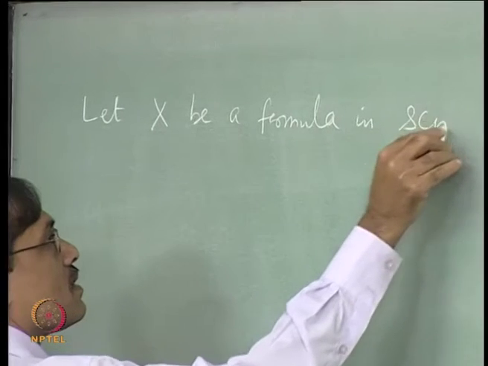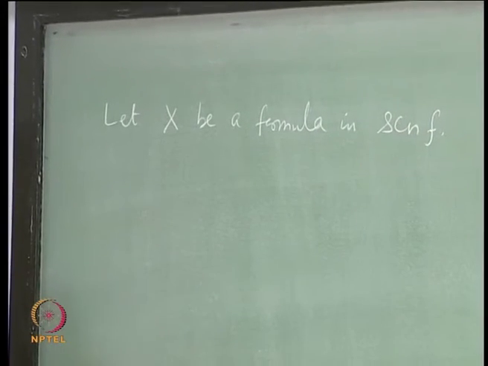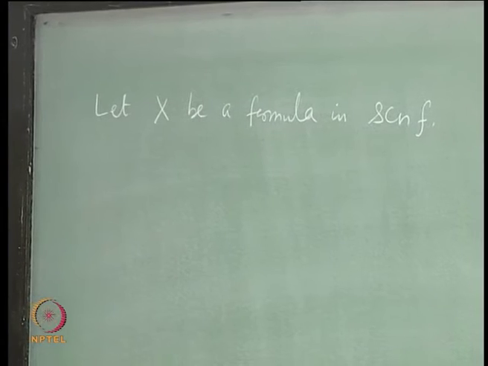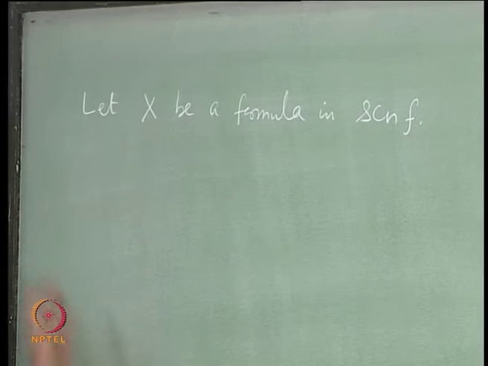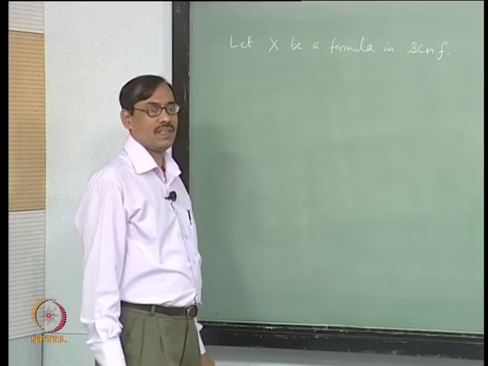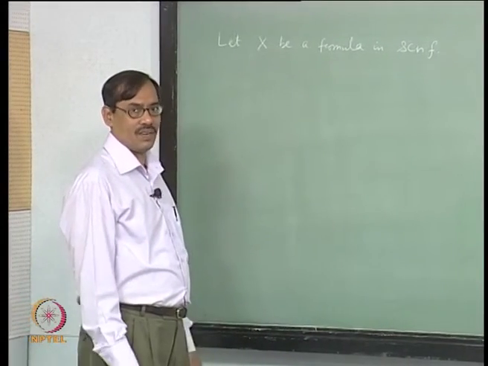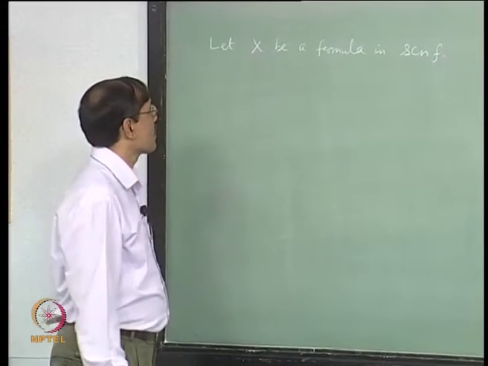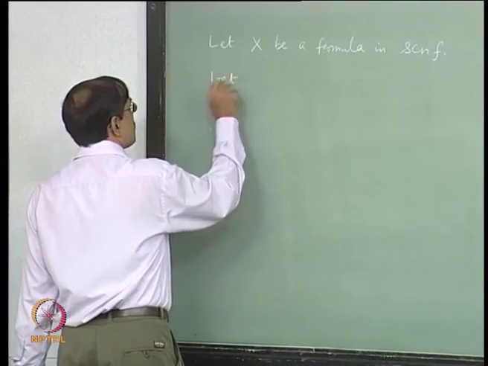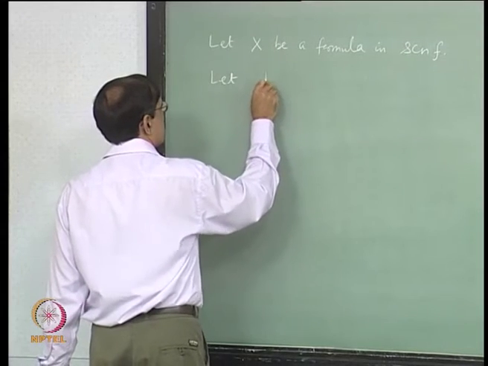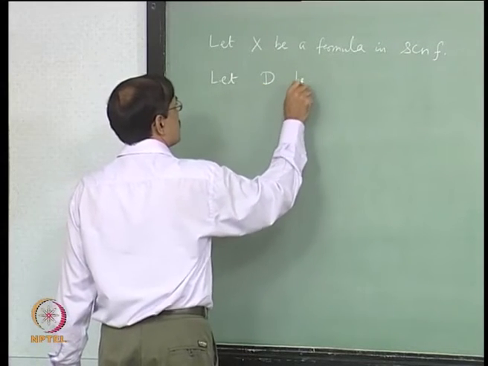Of course, any formula can be converted to an SCNF preserving satisfiability. So, there is no harm in starting from the SCNF formula itself, if satisfiability is all that we are concerned with. Then you find its Herbrand universe. So, let us write it as D.